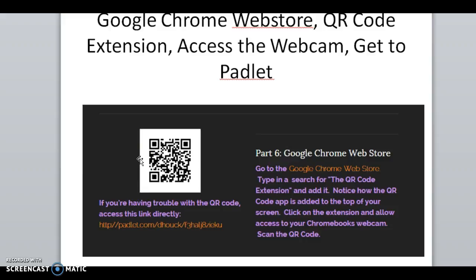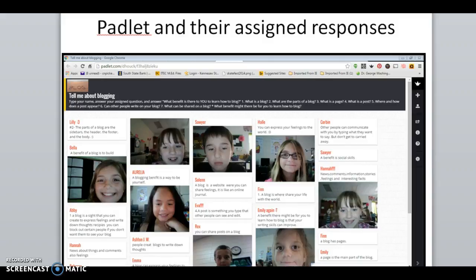While exploring the extension to the QR code, they also noticed that it activated the webcam. So you'll see on the next slide that they figured out that there were other things that they could do with the webcam. So in addition to them posting to their Padlet, many of them also took their pictures.